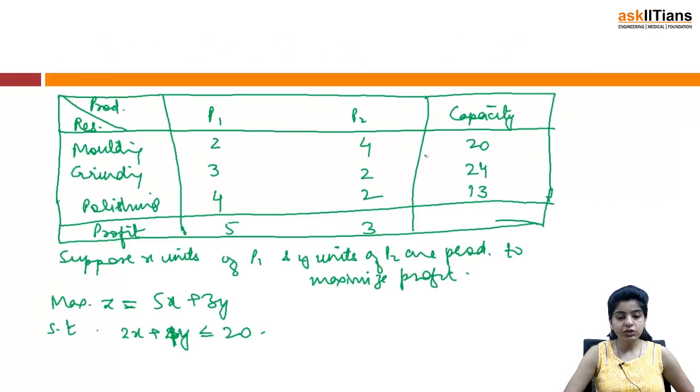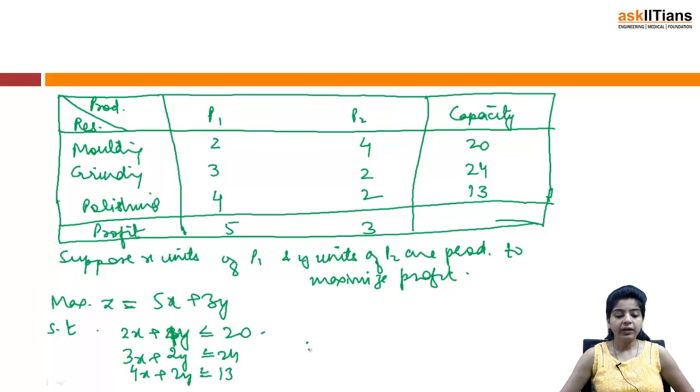So 2x plus 4y is less than or equal to 20. Similarly, 3x plus 2y is less than or equal to 24, and then 4x plus 2y is less than or equal to 13. The number of products x and y will always be non-negative, so x is greater than or equal to 0 and y is greater than or equal to 0.